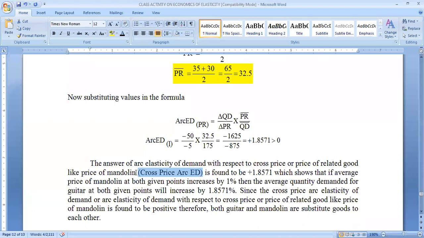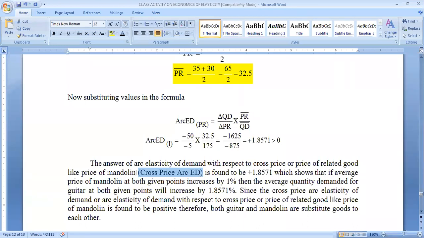Hence, because of the increase in price of Madeline, the users have switched towards the consumption of guitar. Resultantly, quantity demanded for guitar will increase. Hence, the price of Madeline will have a positive relation with the quantity demanded for guitar, concluding that Madeline and guitars are substitute goods.